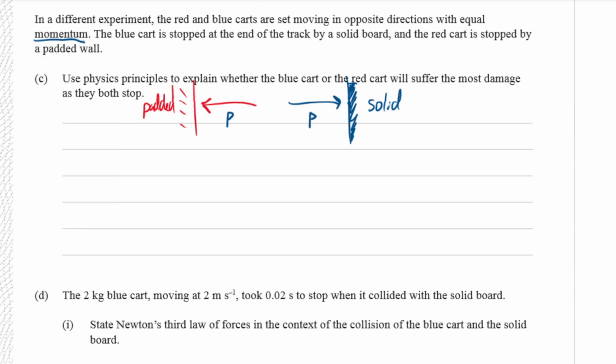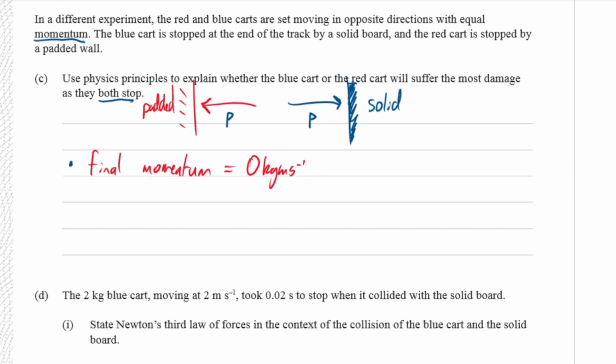Alright, what's next? Use physics principles to explain whether the blue cart or the red cart will suffer the most damage as they stop. Okay, so we know they're both going to stop as well. So what would the final momentum be? So for red, final momentum would be 0, right?